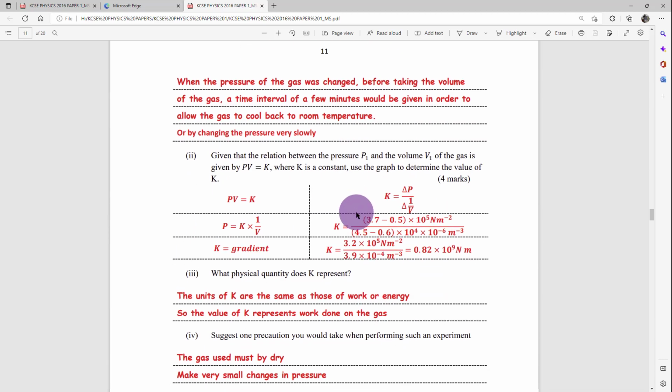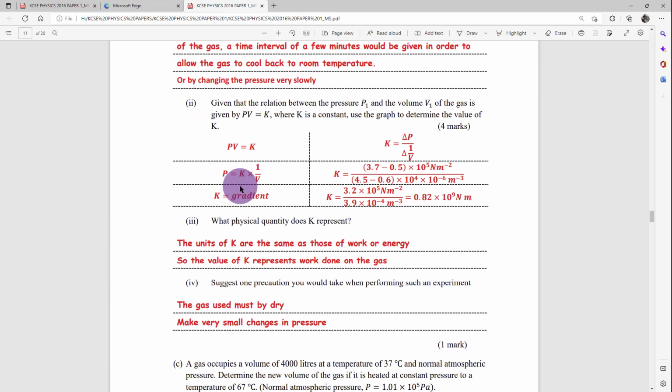And that is why I separated the variables P and 1 over V, so that they are on opposite sides of the equal sign, with P being on the y-axis, so that the letter which stands out from this variable will represent the gradient, and that is what K does. So K is the gradient of the graph, and the gradient of the graph is given by the change in the value on the y-axis divided by the change in the value on the x-axis, and this is basically what I got.